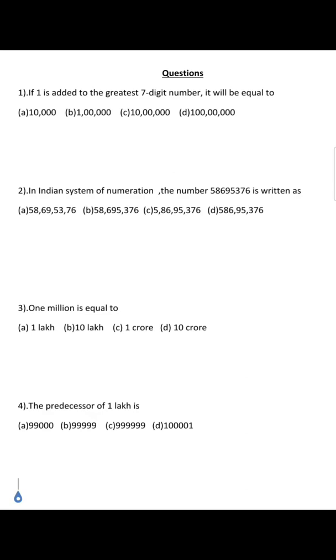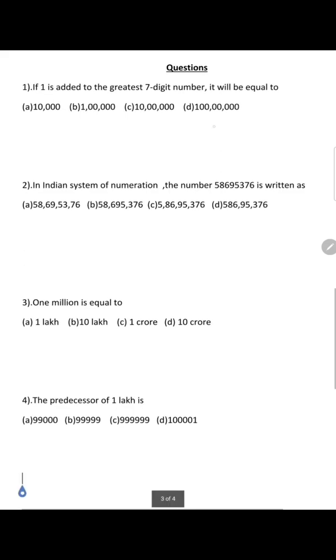Now, let us solve some questions related to today's class. The first question is, if 1 is added to the greatest 7-digit number, it will be equal to. So, the greatest 7-digit number is this.